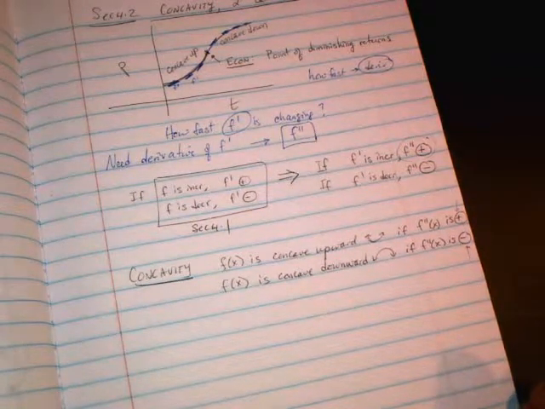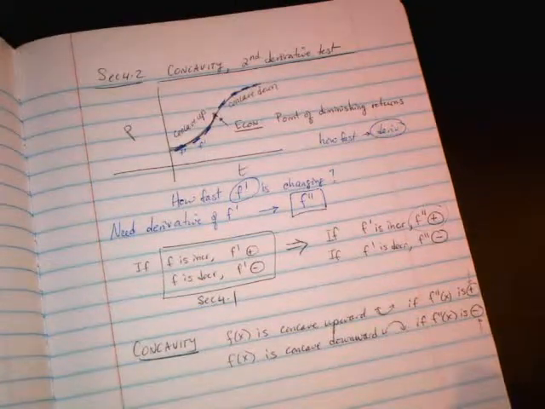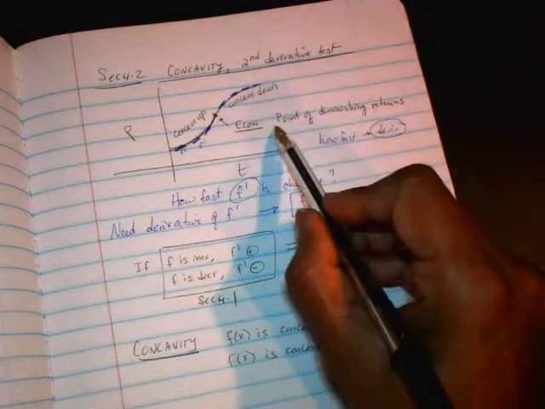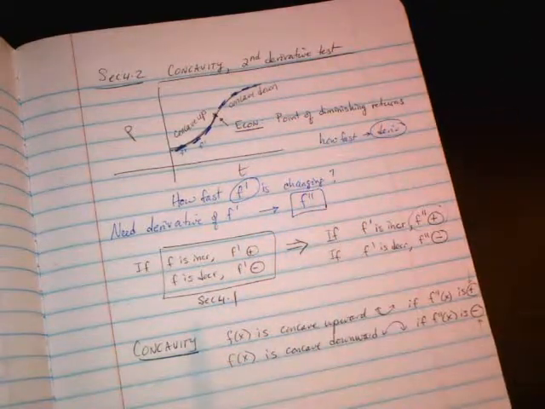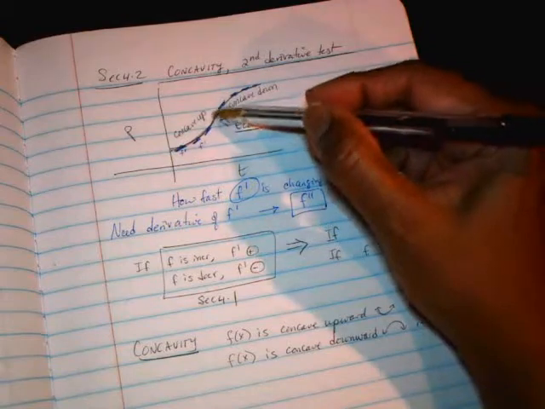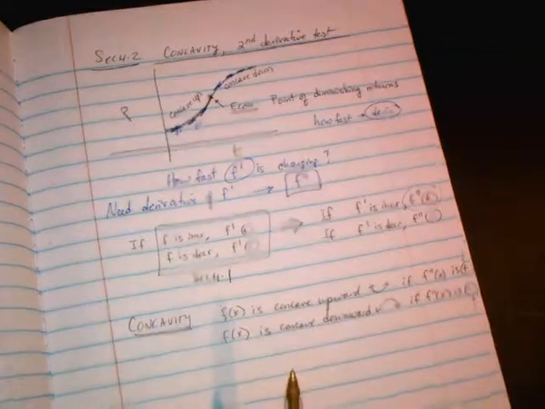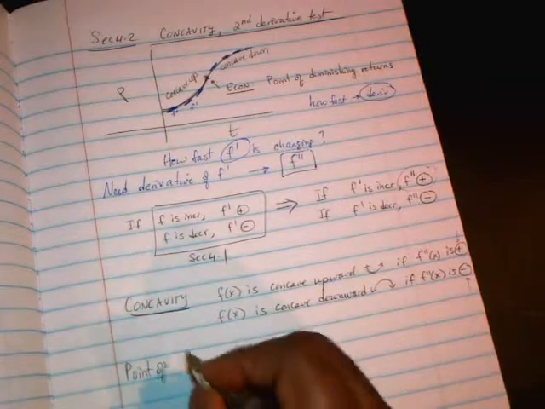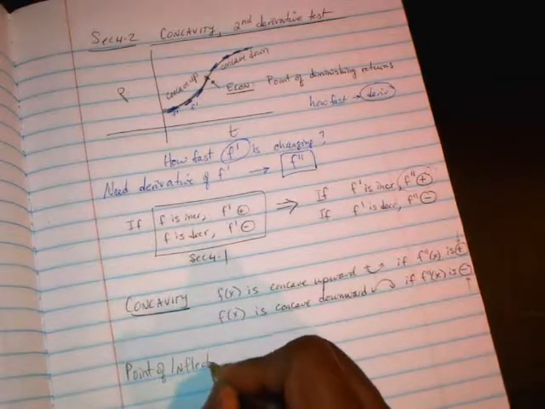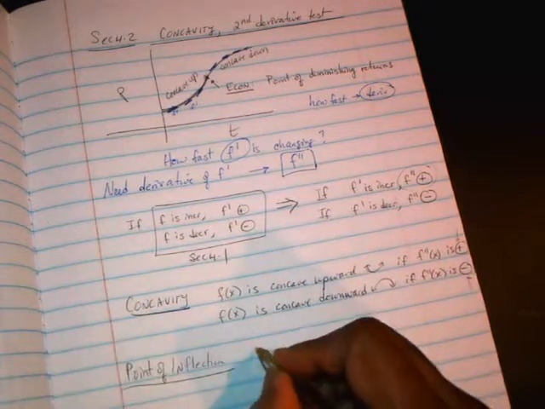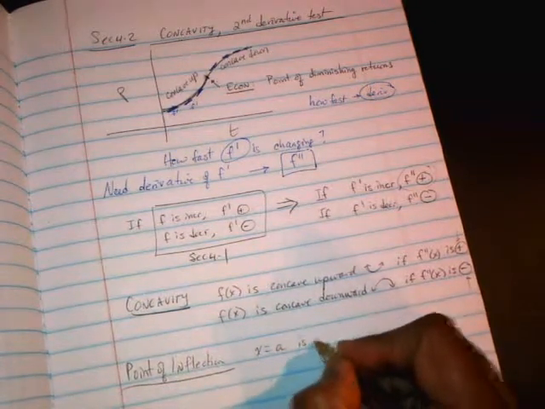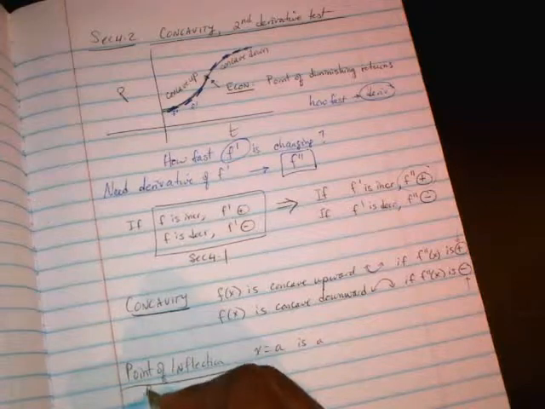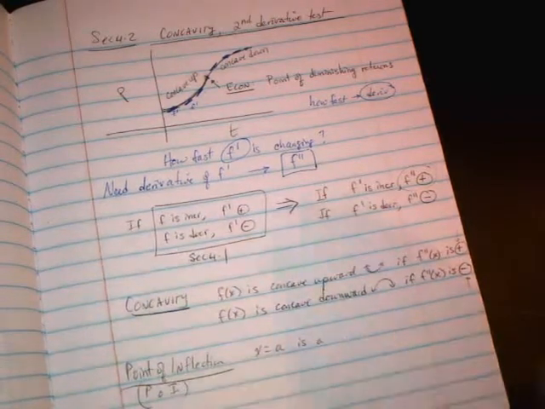It plays a huge role in applications and economics and other parts of science as well. This point in econ, that's called the point of diminishing returns, actually is where the second derivative is 0. And in calculus it has its own name. It's called the point of not diminishing returns, but point of inflection. So x equals a is a point of inflection. We abbreviate POI, not to be confused with the Hawaiian delicacy.